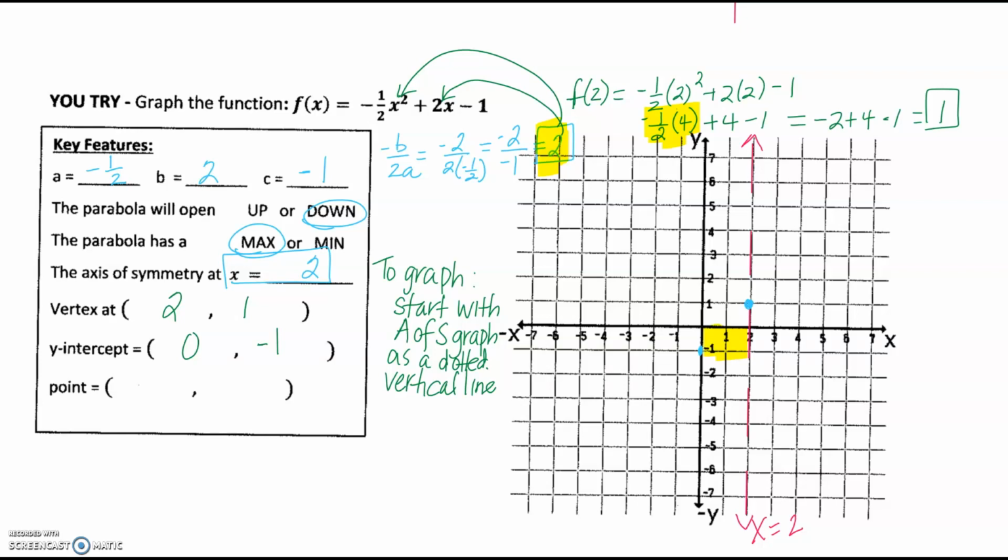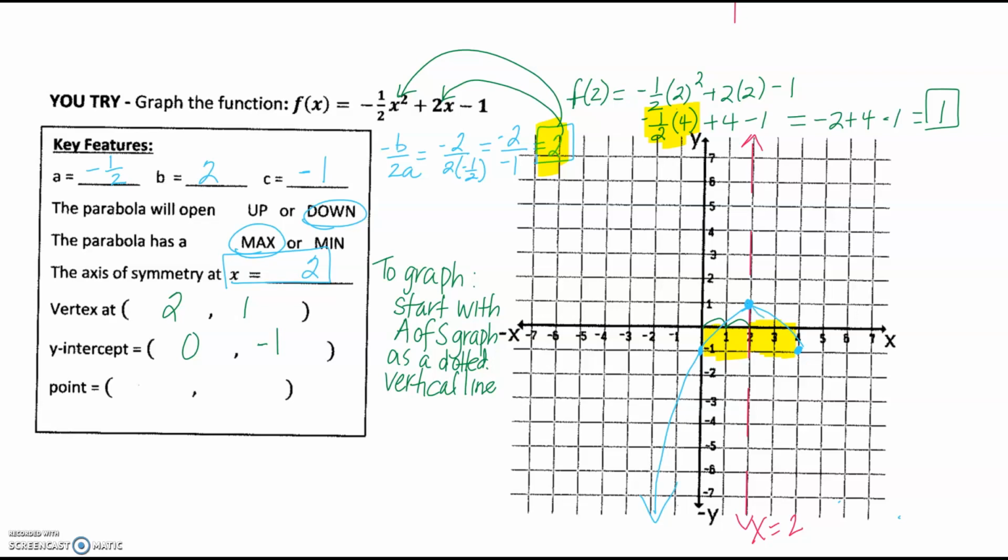You're going 2 spaces over, look, 1, 2. So that means to make the point symmetric to that, I'm going 2 spaces over this way and making a point. So now I have 3 points, and I can draw my parabola.